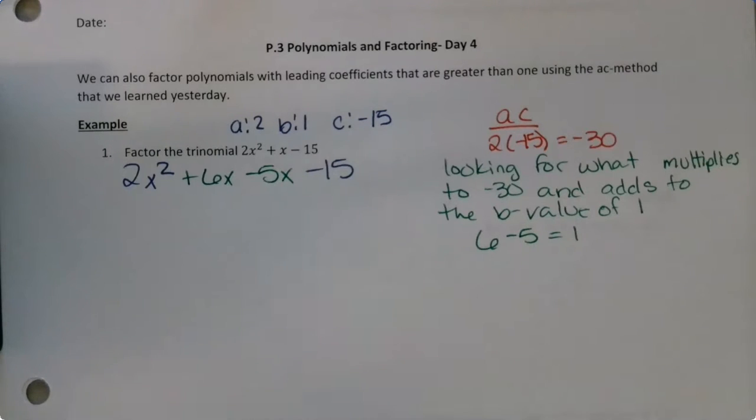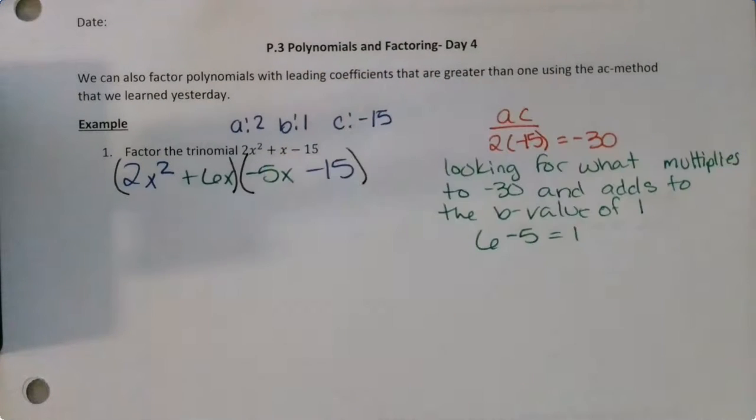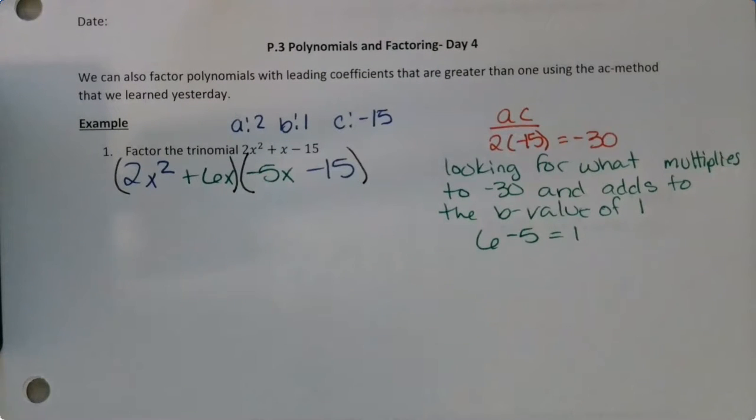Okay, so what I want to do next is I want to break these up into 2 groups. So I'm going to draw parentheses around them.